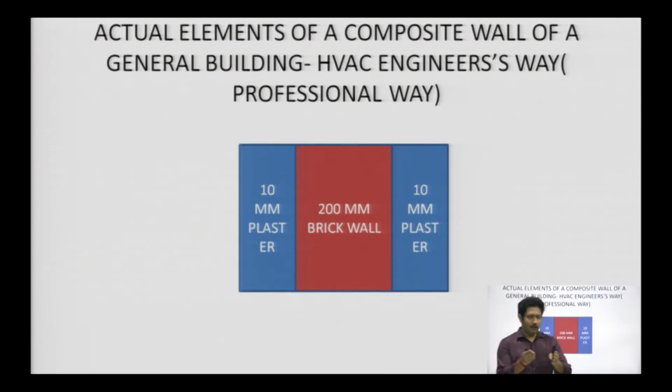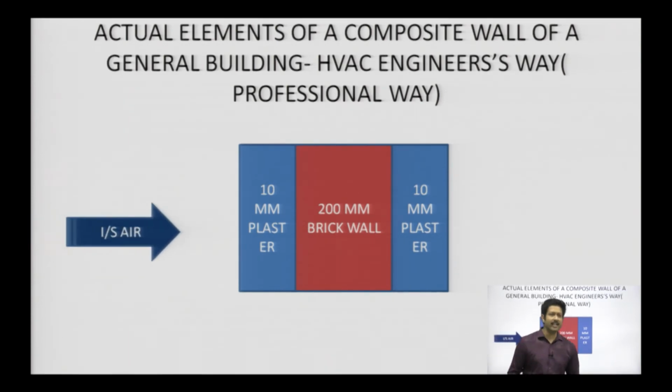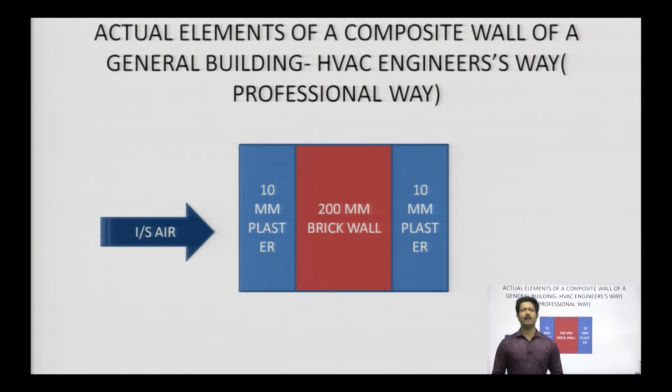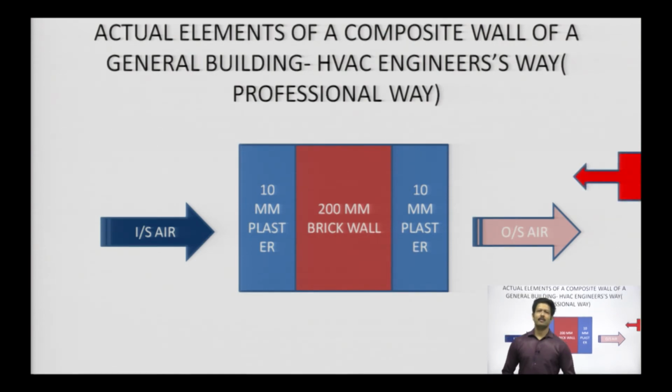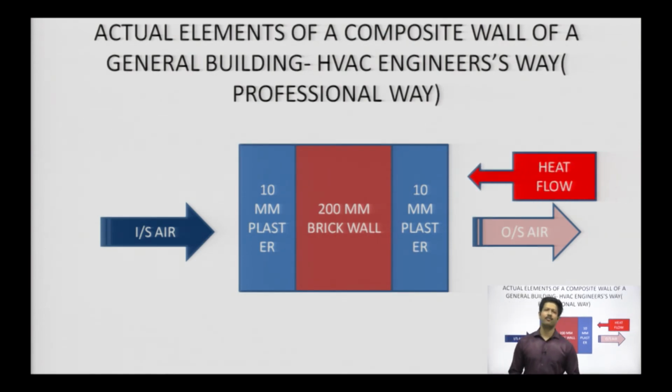If you actually build a wall for a general building, you will have these three components at least, and then you can have tiles, insulation, waterproofing, whatever you want to do. Then this is the inside air, and the next thing is the outside air. Now this is the heat flow.